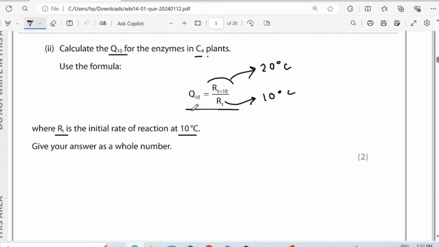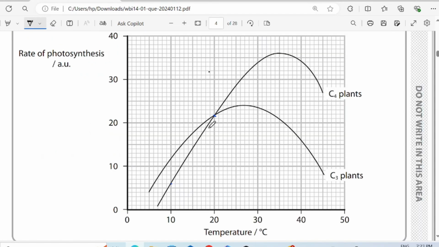All right, let's look at the values then. We are doing this for C4 plants, and as you can see, this part is almost linear. At 20 degrees Celsius, the value is almost here, let's assume it's 22. And over here for 10, it's approximately here, so that's 6.